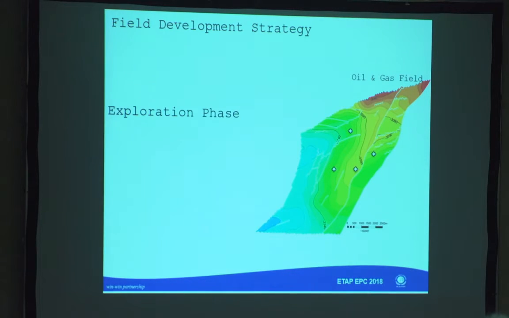After which comes the second phase, the appraisal wells, where we try to delineate our field and reserve for reserve estimation. And then the third phase, which is the development phase, where we drill more wells, essentially the horizontal wells that will contribute more to the production.